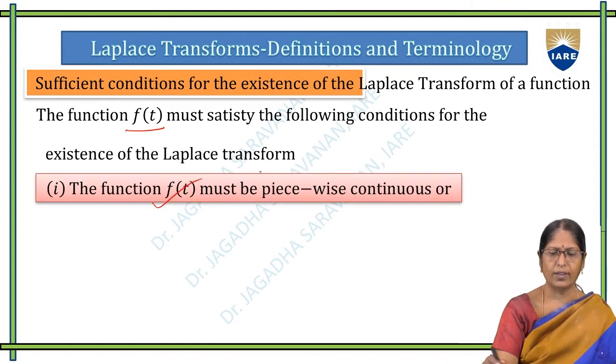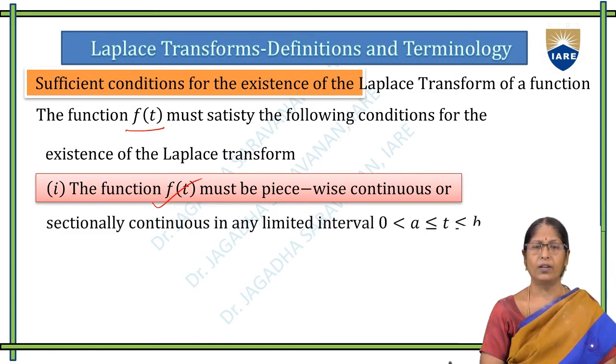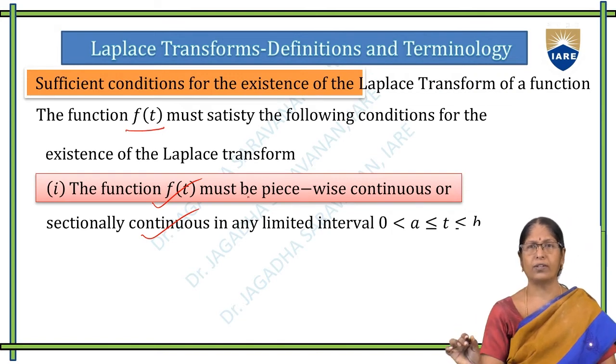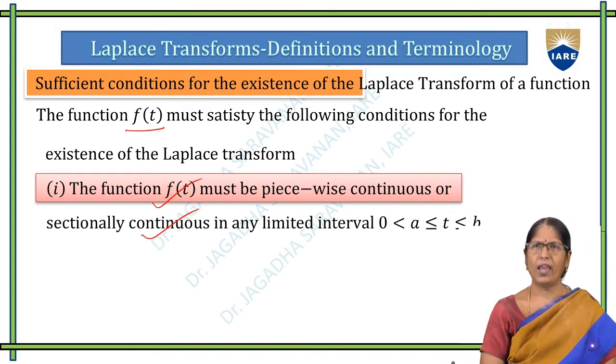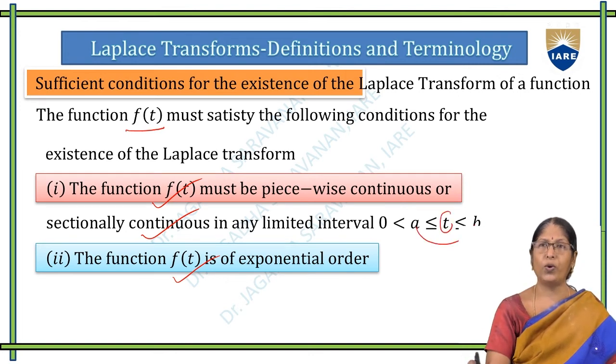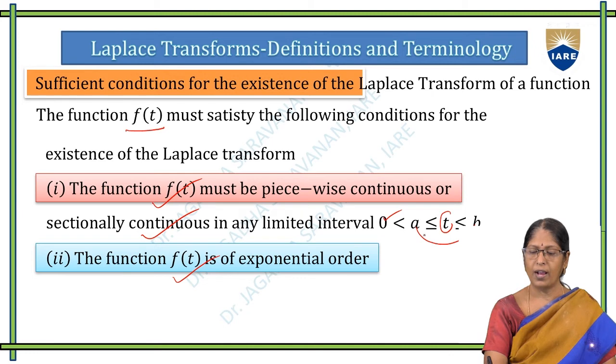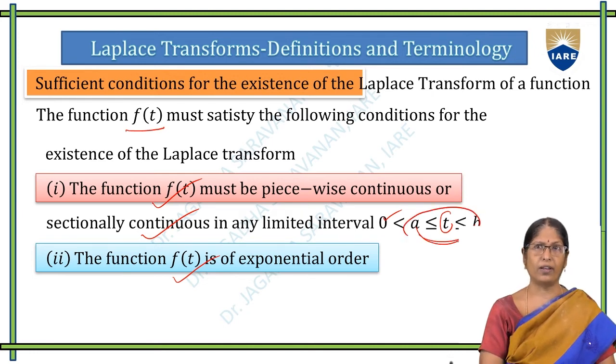The first is that f of t must be piecewise continuous, or sectionally continuous, in any limited interval. Next, the function f of t is of exponential order. Here t lies between a and b, and everything is positive, that is greater than 0. Piecewise continuous we will discuss in detail; a separate slide is there.